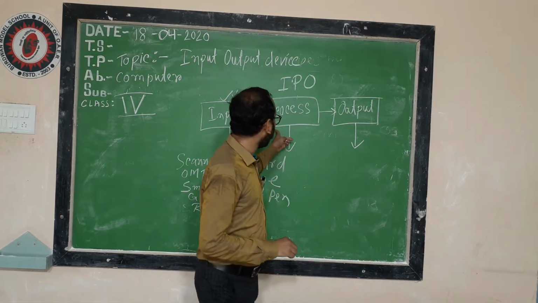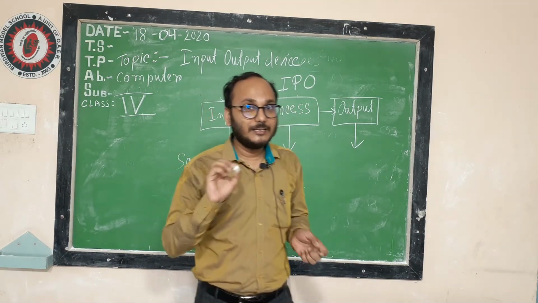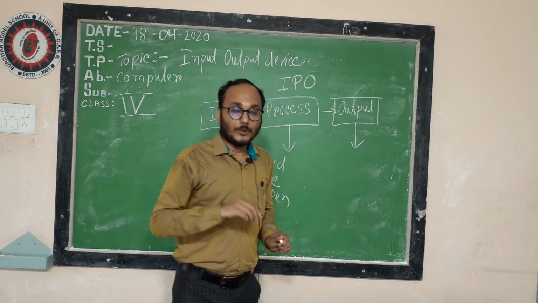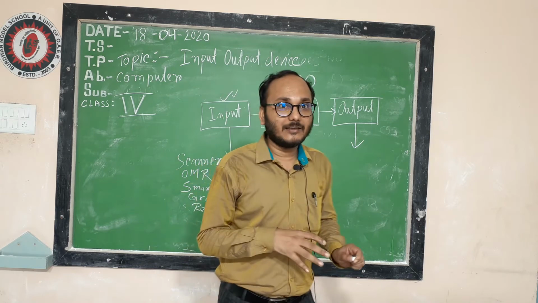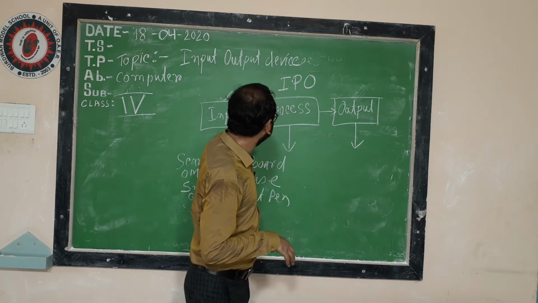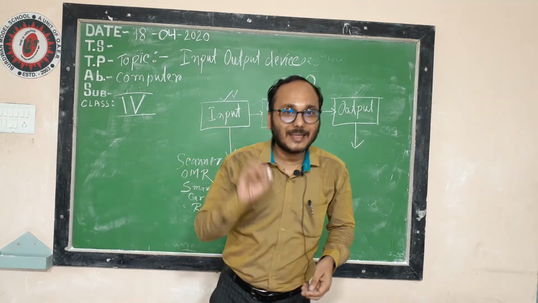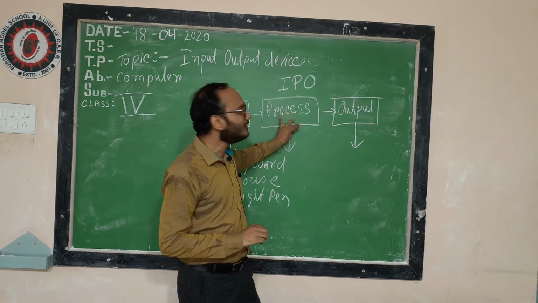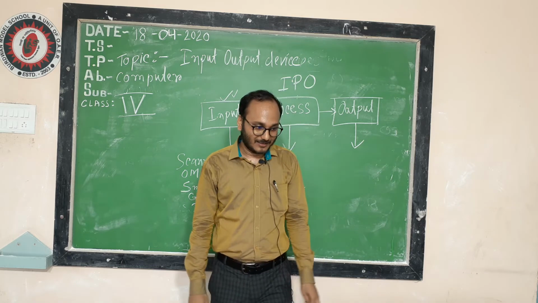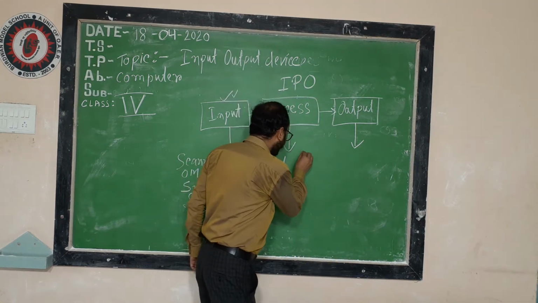Now processing device. It's a very important processing device. That means in processing device we can process anything which you have inputted into your computer. Suppose you add two numbers 5 plus 5, then processing will be done in processing device. So processing device, CPU.